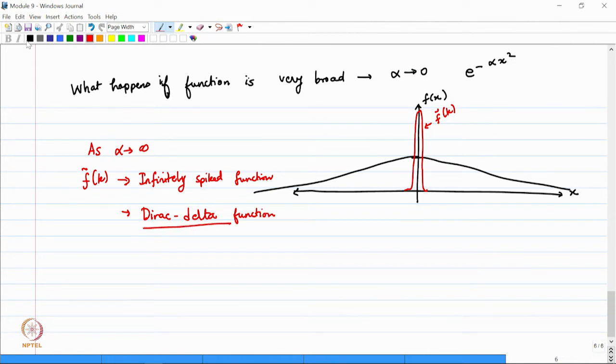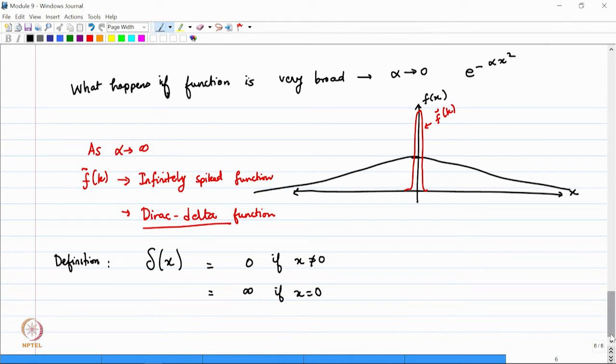Okay. Now, let me define the Dirac delta function. Delta of x is equal to 0 if x is not equal to 0, and equal to, well, we will say equal to infinity if x equal to 0. Okay.